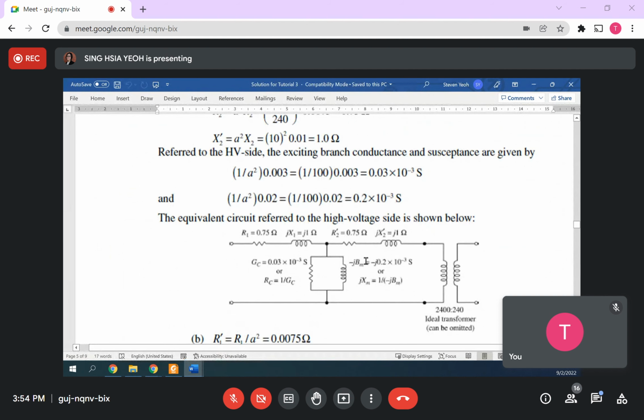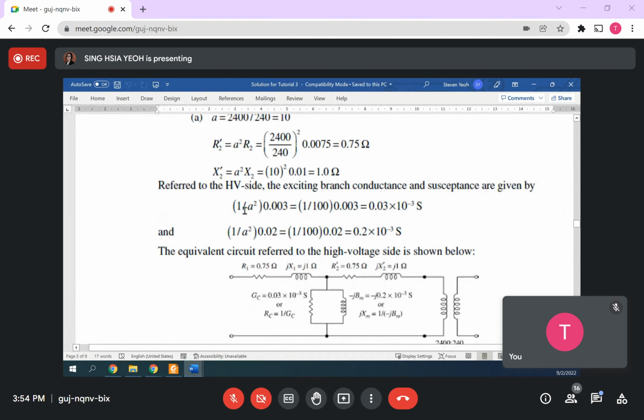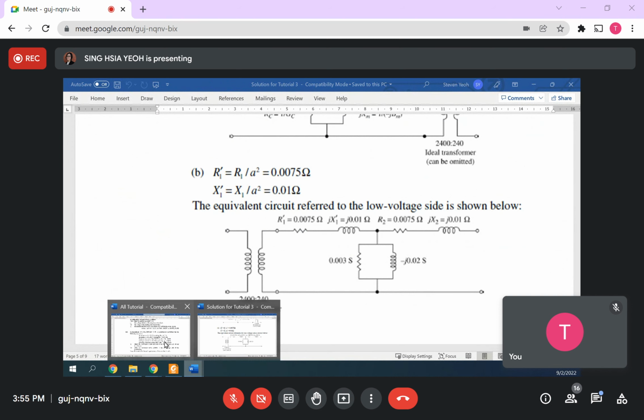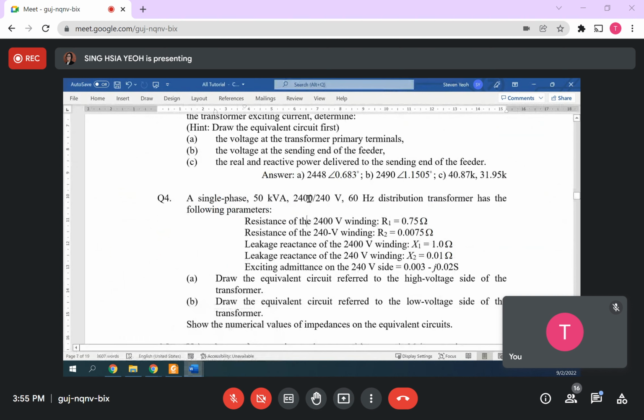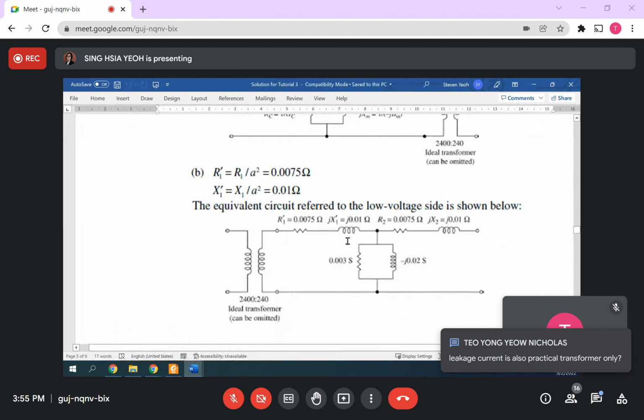Okay, can you understand? This one A squared you understand because it is in ohms. Then 1 over A squared because it is in Siemens. Then this one is easier, from the primary side to the secondary side. The primary side is 2004 volt and you only have R1 and X1, so only two things. Then you map it to the secondary side.